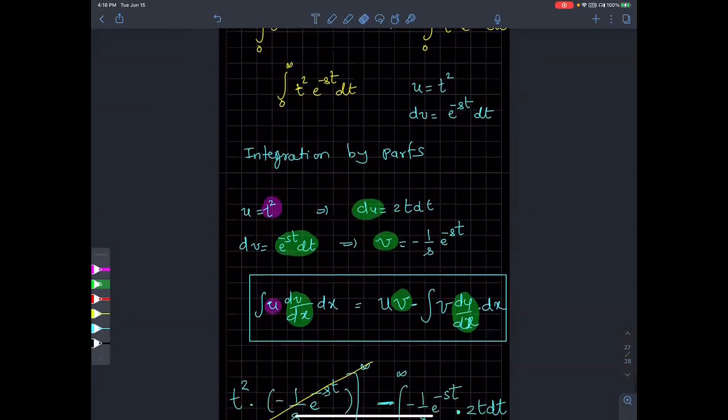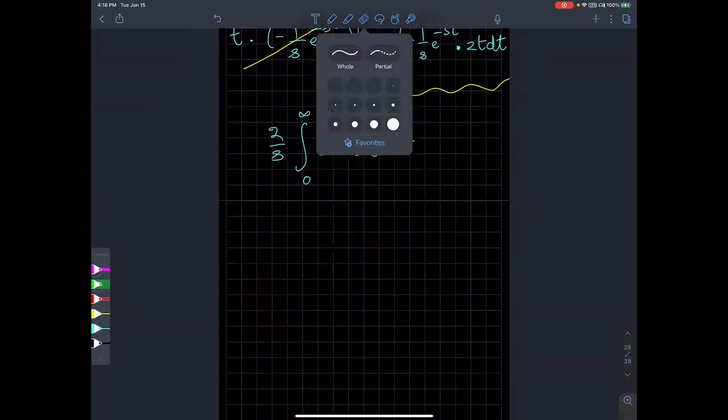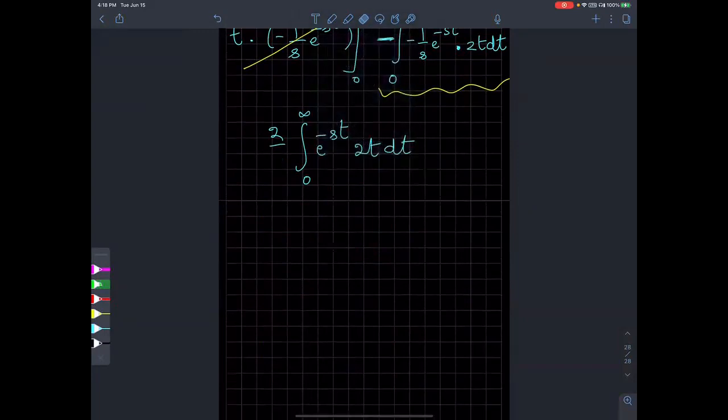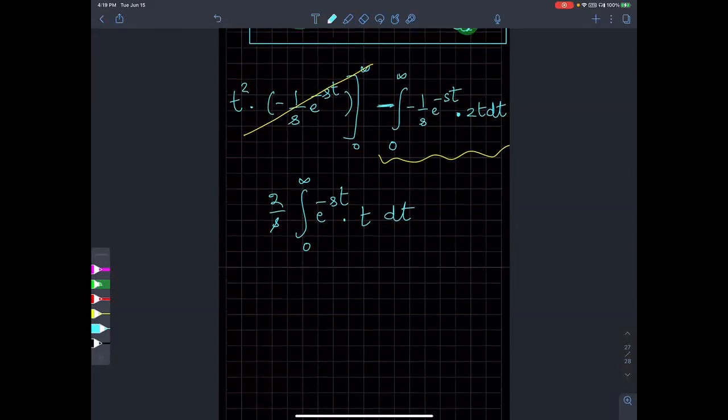That's all I have done. So once you do this integral, it's 2 by s, and what you have is t dt e to the minus st. I have already accounted for the 2t.